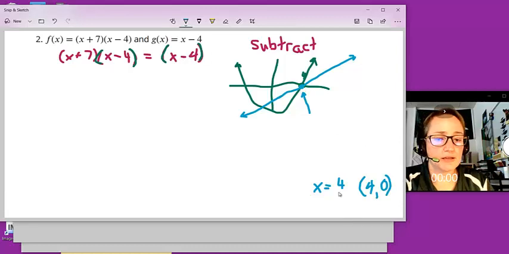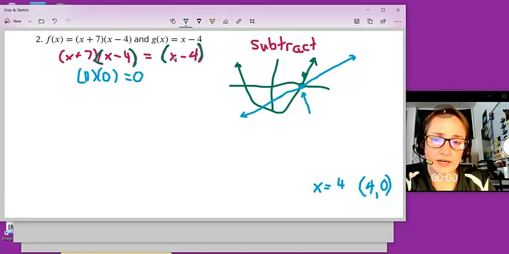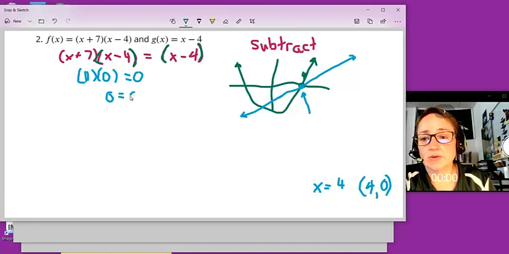If I were to plug in 4 into this equation on both sides, in place of all the x's, we would have 11 times 0, because 4 minus 4 is 0, equals 0, because again, plugging in 4 for x, 4 minus 4 is 0. 11 times 0 is 0, and yes, this checks out, that 0 equals 0. We do in fact have something in common that makes both sides true at the same time.